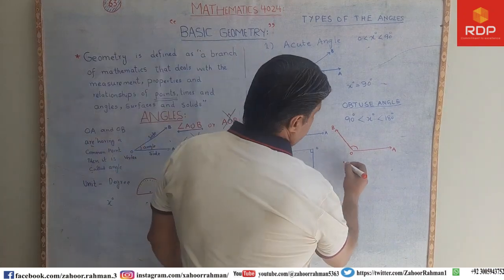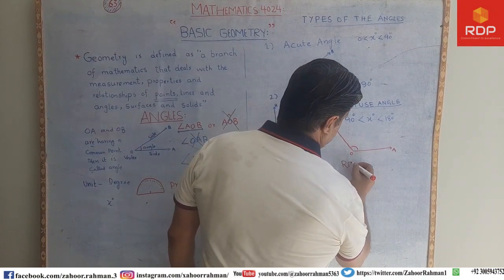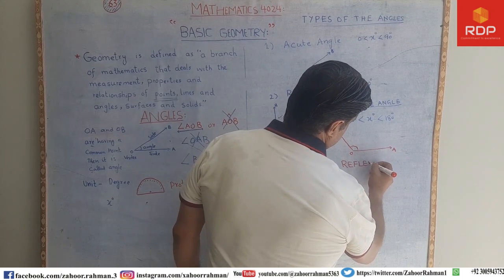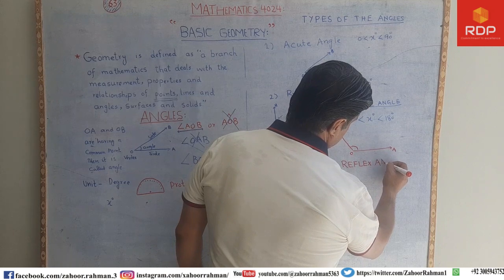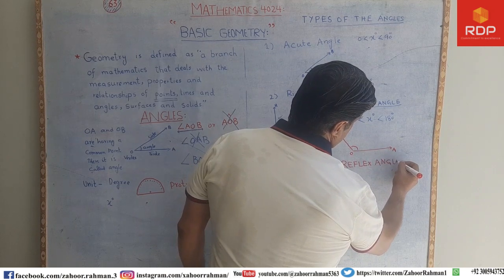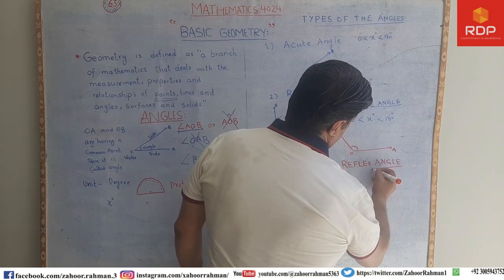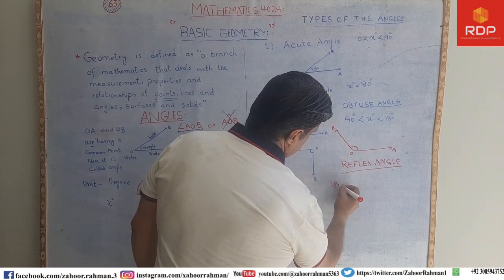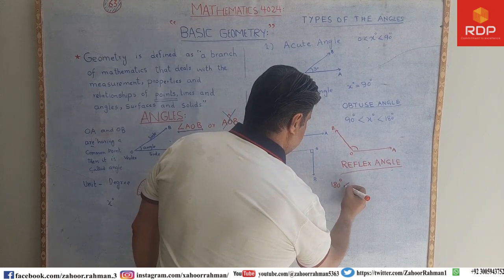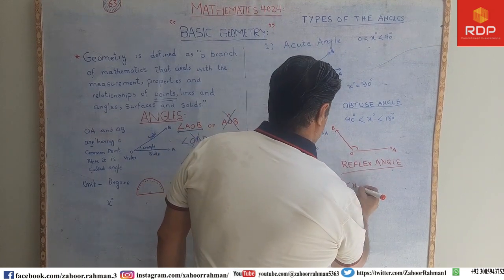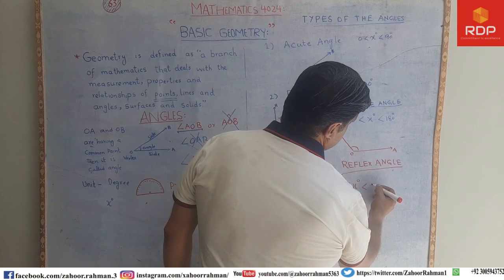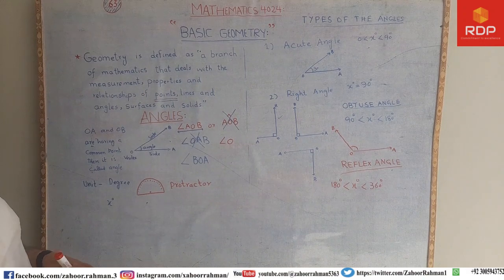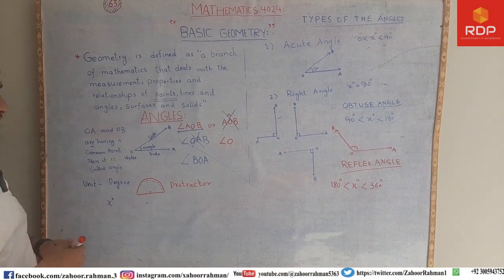Now the fourth one is reflex angle. Those angles which are greater than 180 and less than 360 degree, that is known as reflex angle.